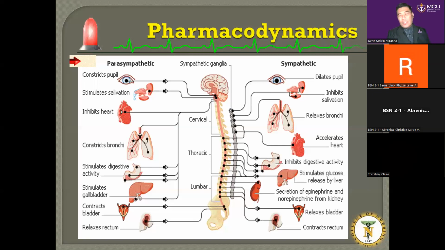One of which, since it is cardiac arrest, we need to have stimulation of the heart to contract. And that drug, particularly, is epinephrine. If the drug has been administered to the patient, the effect of the epinephrine is sympathetic. So when you assess the patient's eyes, it is expected that there are dilated pupils.